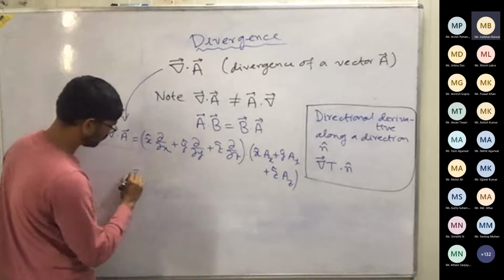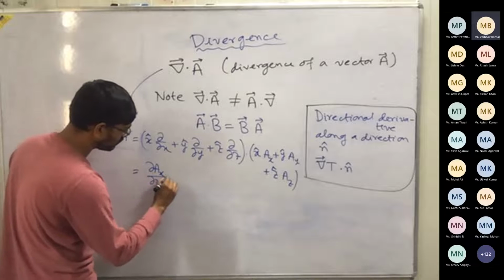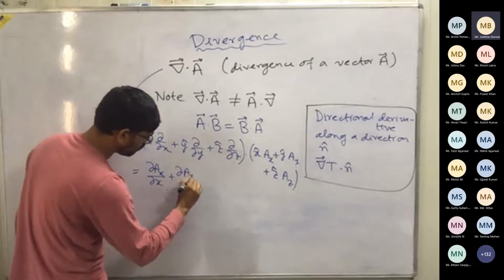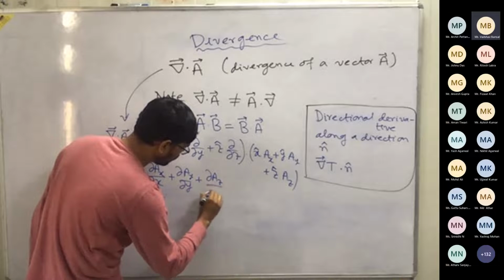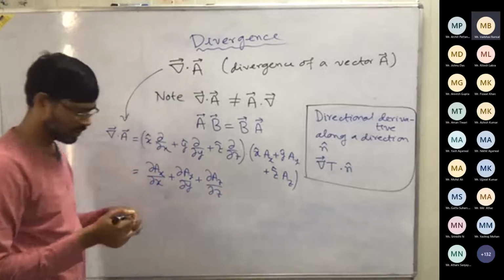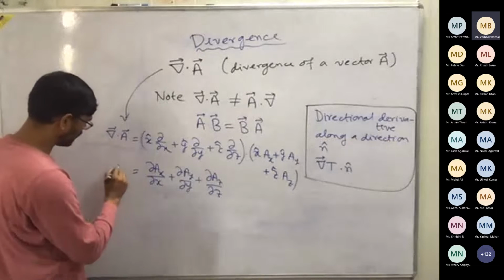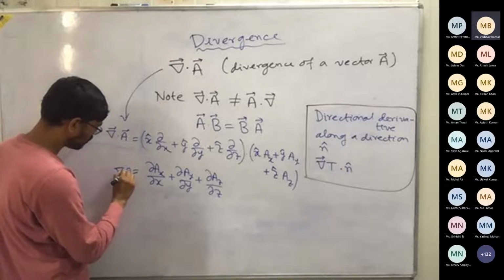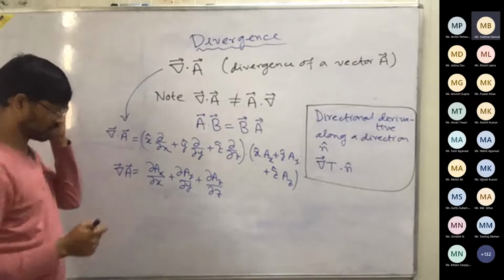So this is equal to del Ax del x plus del Ay del y plus del Az del z. This you need to remember. So del dot A is equal to this much.